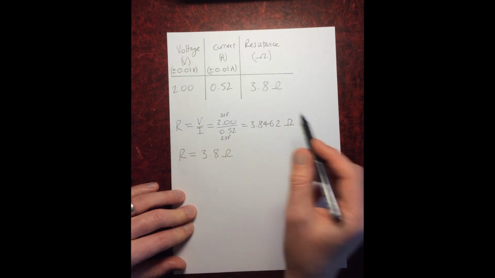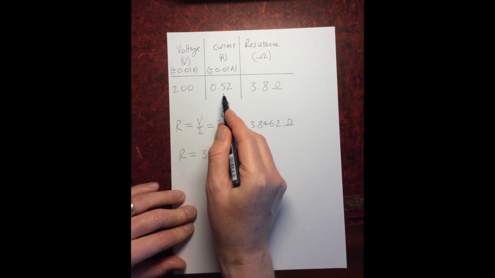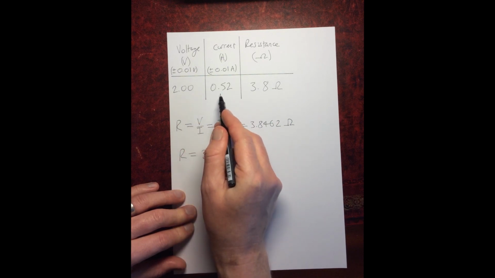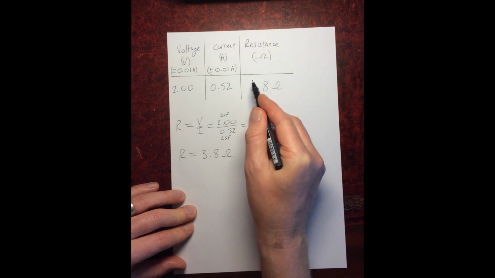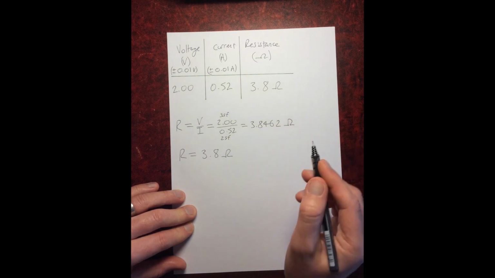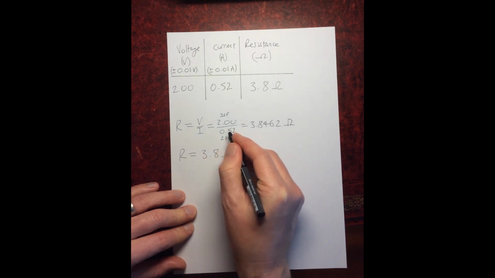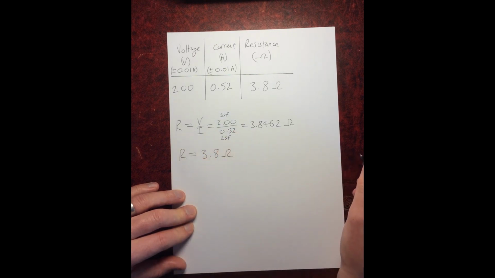You could do that by calculating the uncertainty in this and this, or the percentage uncertainty in this and this, adding them up to get the percentage uncertainty in this, and then calculate the uncertainty in this value, and that would tell you exactly what number of significant figures to record it to. But the general rule of thumb is we record calculated values to the minimum number of significant figures used in the calculation.